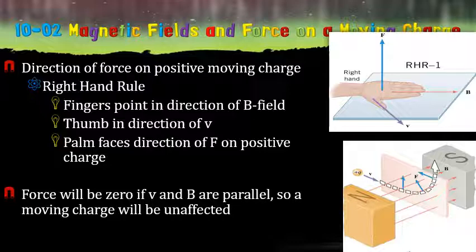In this picture here, the reason why the charge goes up is because your fingers would be pointing that way. So those are your fingers. Your thumb is going to be pointing the direction that it's moving. So your thumb is going that way.